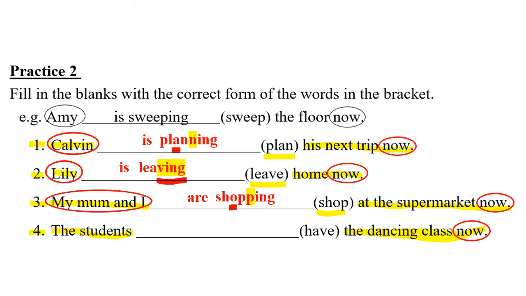How about the subject of this question? Great job! The subject is the students, which means the sentence starts with they. So what is the answer of this question? You now have 5 seconds to think about that.